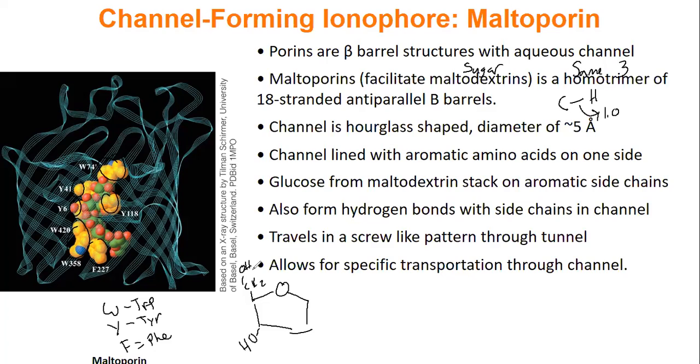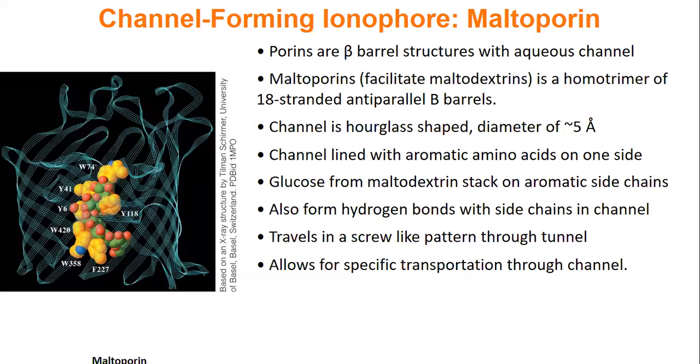If you don't know what pi stacking is, I'm going to stop sharing for a second so you can see my face. Because what pi stacking is, imagine my hand is the glucose ring, right? Pi stacking is I take another aromatic residue and you kind of just form like a little sandwich. And this is a very favorable interaction for our molecules.